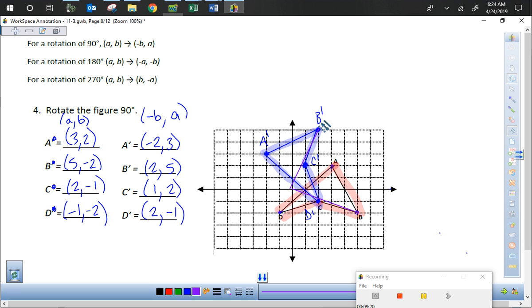If you go through the origin, you should see a right angle. C to C prime is the same. Right angle again there. And finally, D to D prime should do the same here. And there's our right angle.